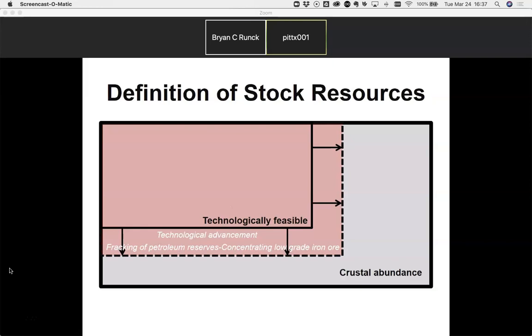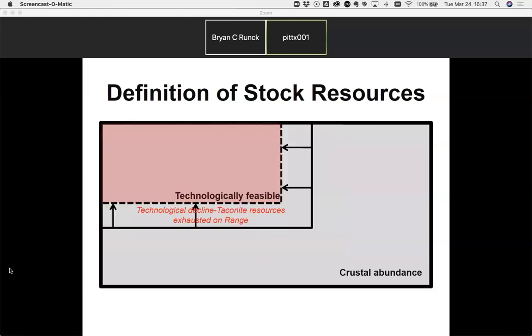This is a fairly recent technology that allows oil resources to be extracted from certain kinds of rocks by breaking the rocks up, by fracturing them through subterranean explosions. So technological advancement can actually expand the definition of technologically feasible resource within a fixed definition of crustal abundance.